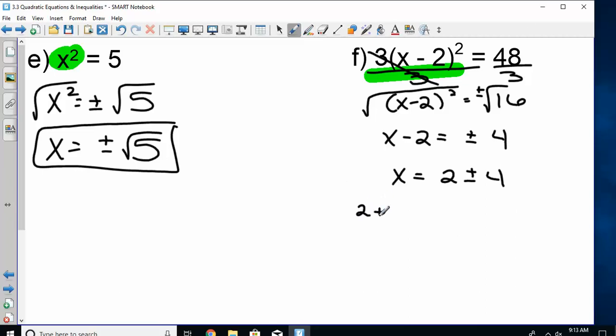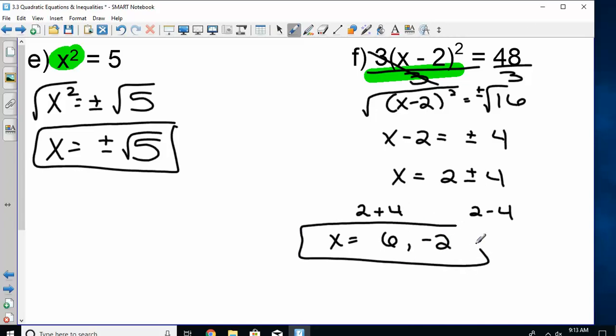So you have to do 2 plus 4 and 2 minus 4. So we actually get x to be positive 6 or negative 2. So be careful with that plus and minus when you go to add over your term. Does that make sense over there?